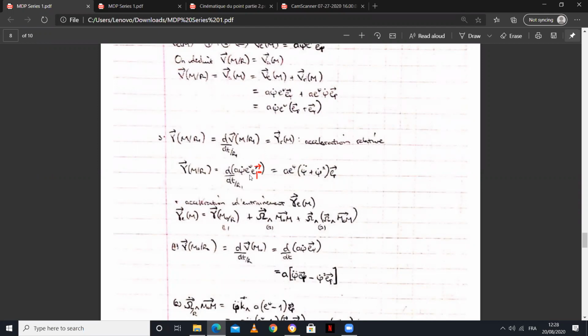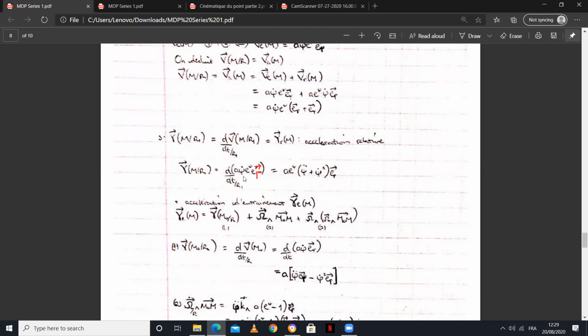Since we only have two variables, we are going to have an answer with a sum of two terms. We keep our constant A out there. We first derive phi point par rapport au temps, which gives us phi deux points. So it's going to be A phi deux points, exponentielle de phi suivant e rho. Sorry, not e phi, but exponentielle de phi suivant e rho.